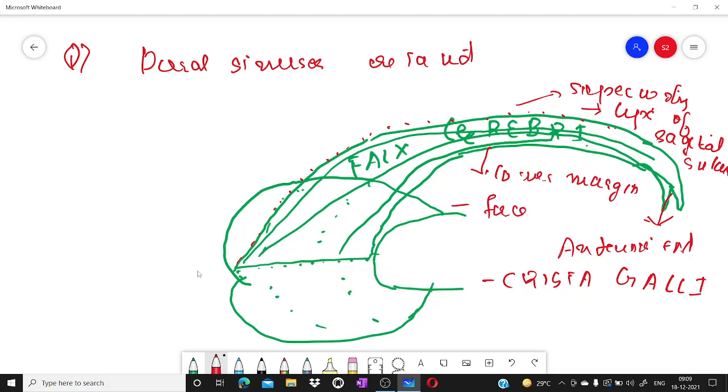Now we will see the dural venous sinuses related to the falx cerebri. Along the superior border, you can see the superior sagittal sinus.